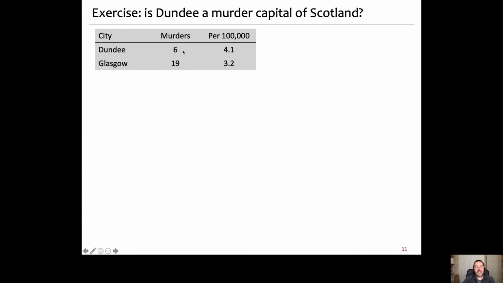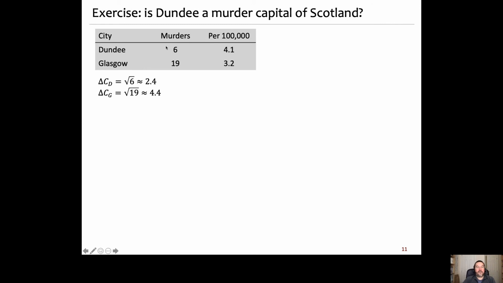That means from year to year, this number will be different. One year, it could be 6, another year 4, another year 10, and so on. So it follows a Poisson distribution, and the error related with the Poisson distribution, as you know, is the square root of the count. So the error on this number, the count C_D, is 2.5. The error on the Glasgow count is 4.4.